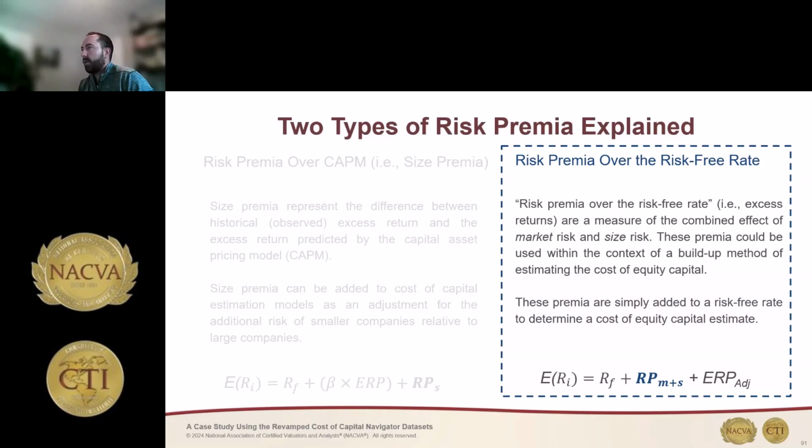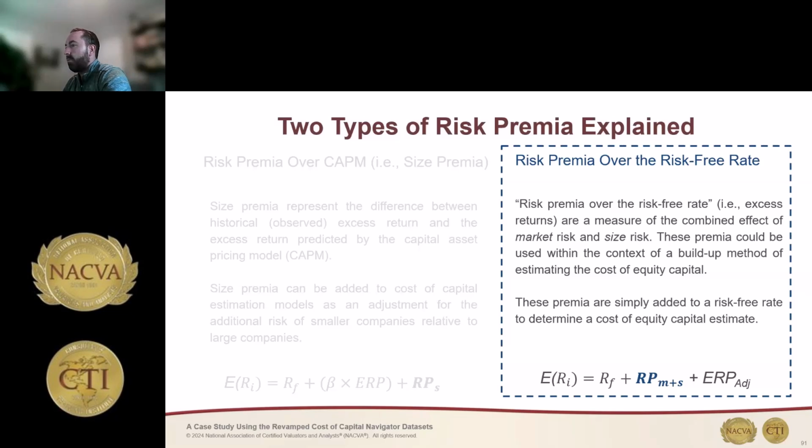So your ERP and your size premium embedded into one. So in the Risk Premium Report size study, there's another analysis that calculates this and produces this type of data, where it's the combined impact of your market and size risk.